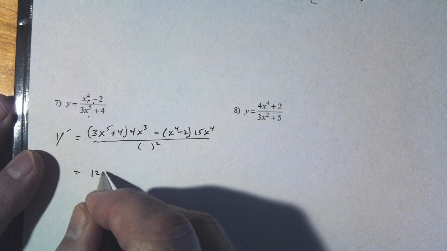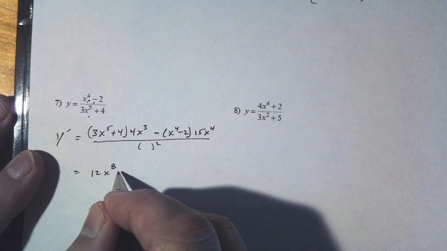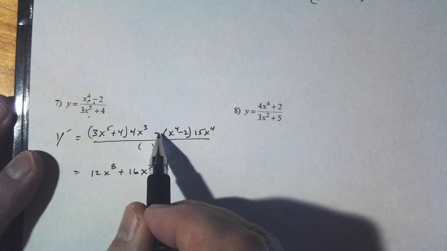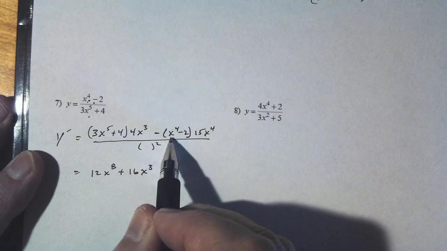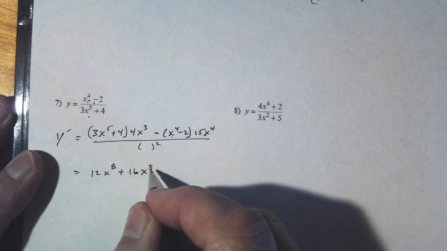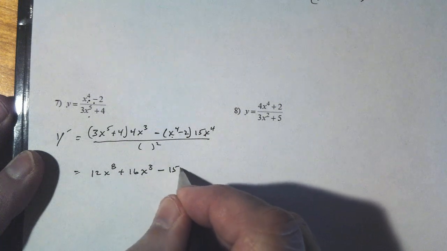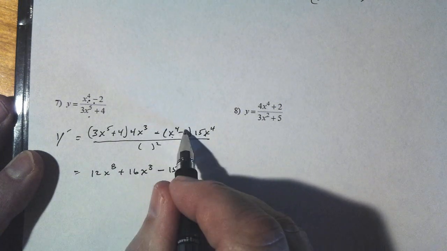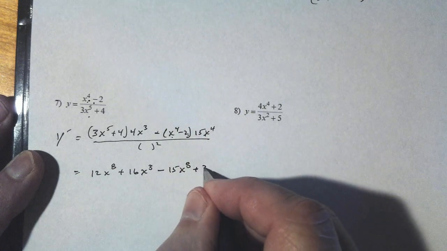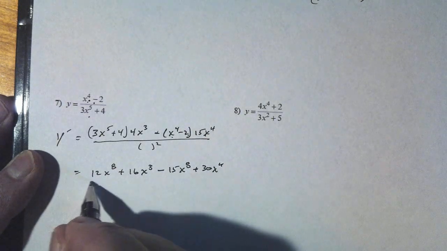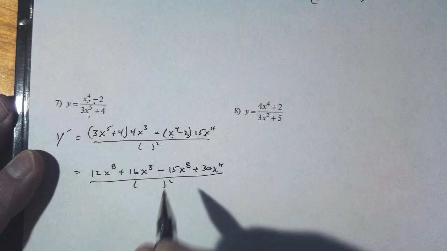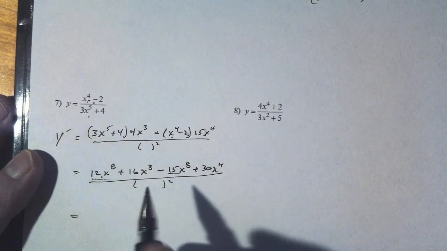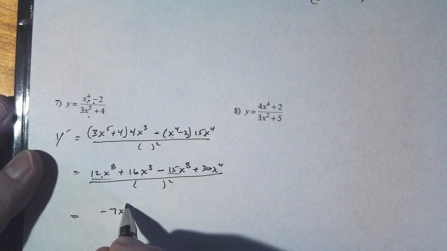Distribute 12x to the eighth plus 16x cubed. Don't forget to distribute the minus. I get 15x to the eighth, but it's minus. I get negative 30x to the fourth, but it's the opposite of negative, plus 30x to the fourth. So x to the eighths, minus 7x to the eighth.